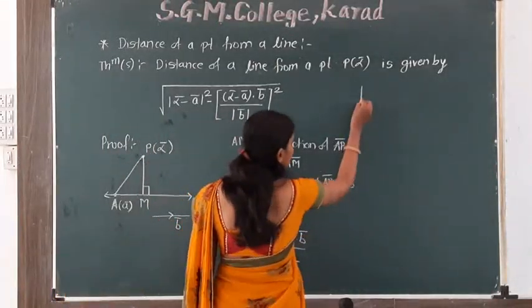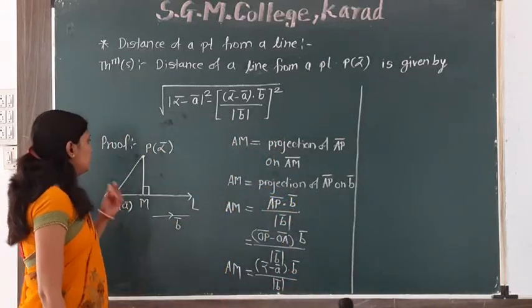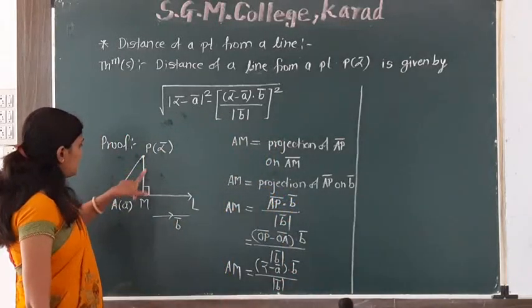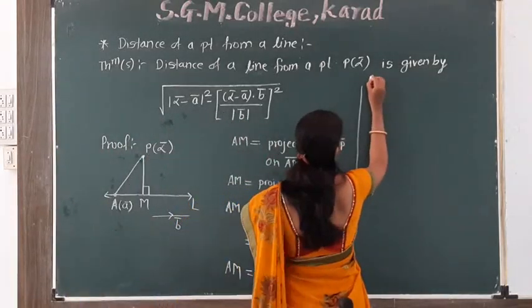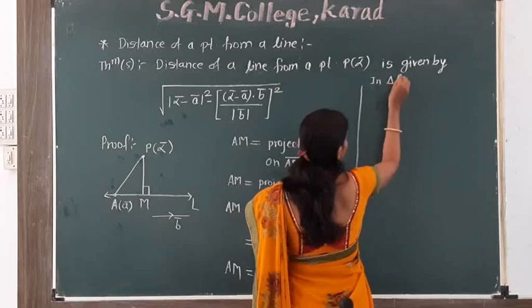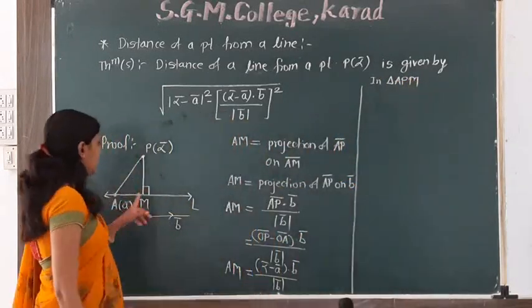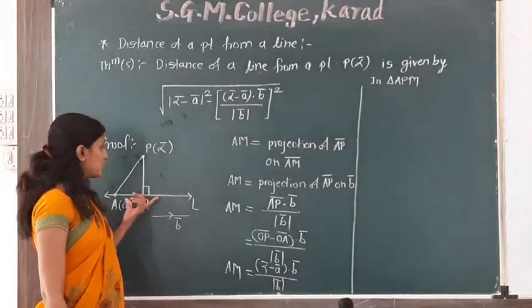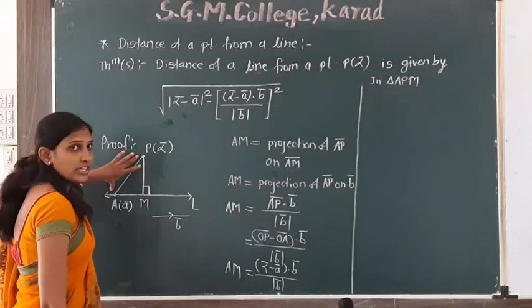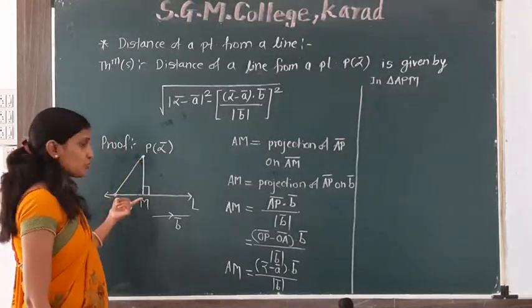Now, next, in triangle APM, triangle APM is a right angle triangle, right? Then by Pythagoras theorem, AP square is equal to PM square plus AM square.